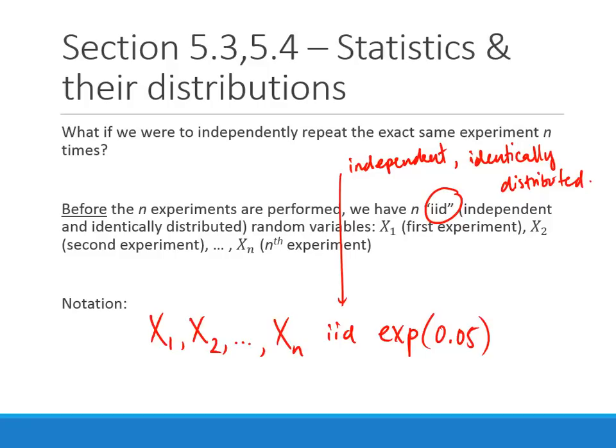So that'll be our shorthand notation for that. But the point is that before we do this experiment, we have a bunch of random variables, right? These are all random variables. On any particular day, we don't know how long it'll take this person to get to work, but we're going to say that it follows this exponential distribution.